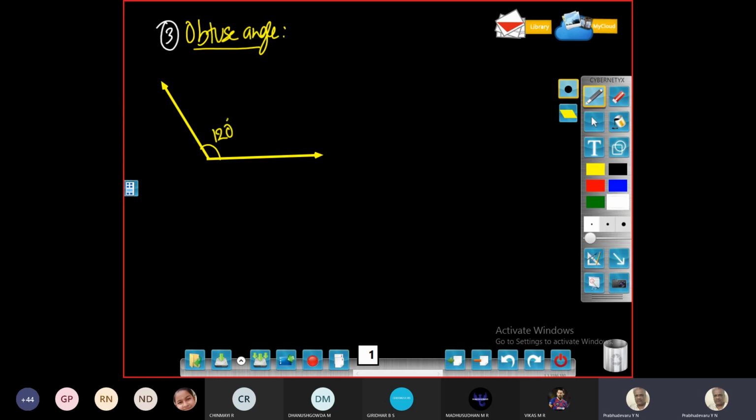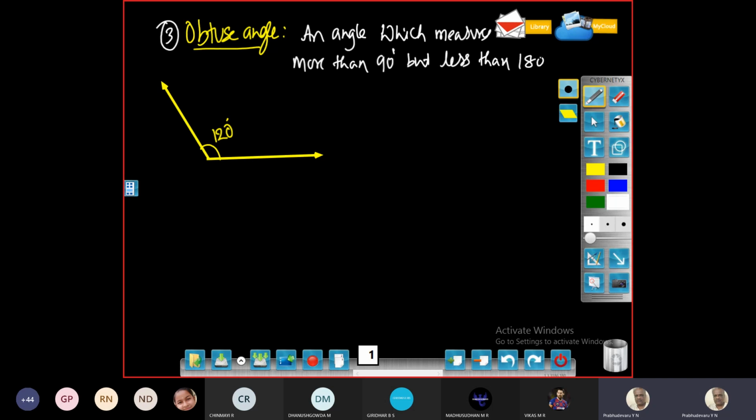An angle which measures more than 90 degrees but less than 180 degrees is called an obtuse angle.